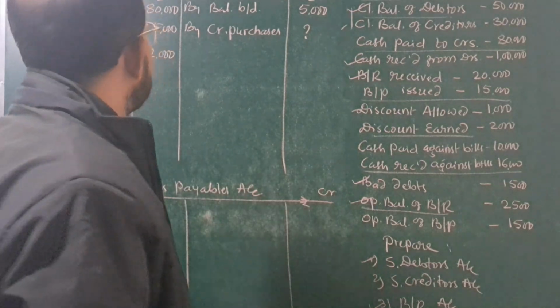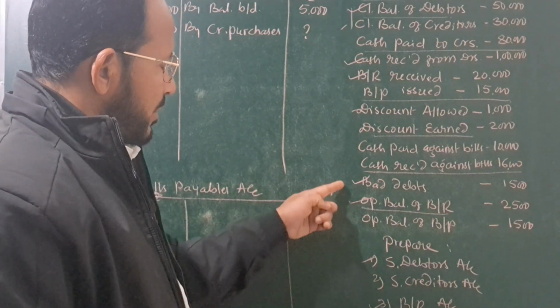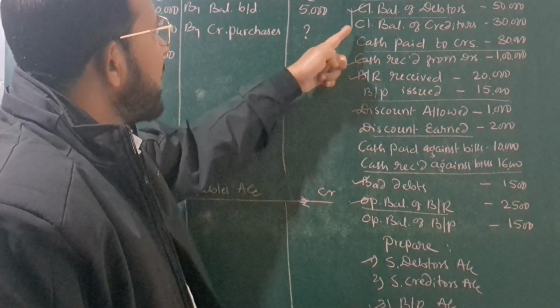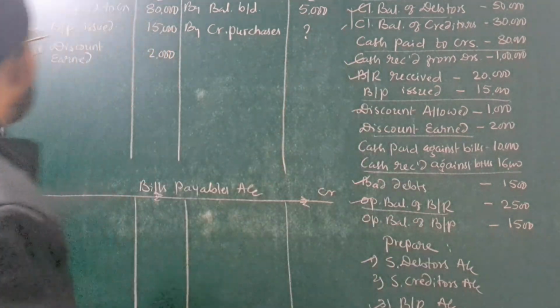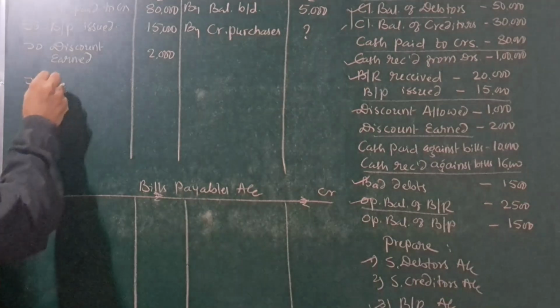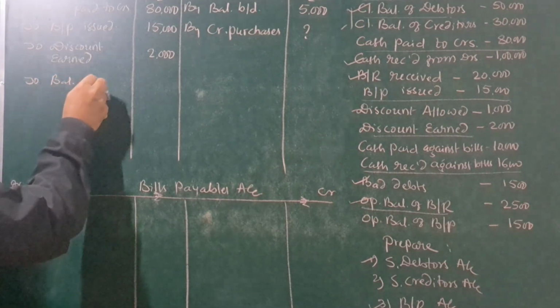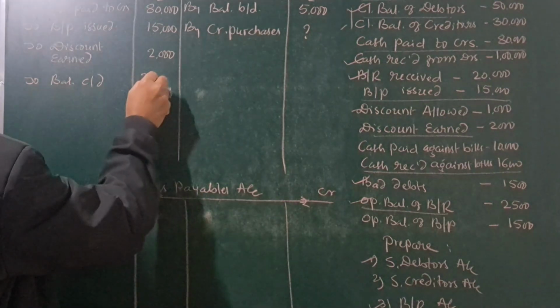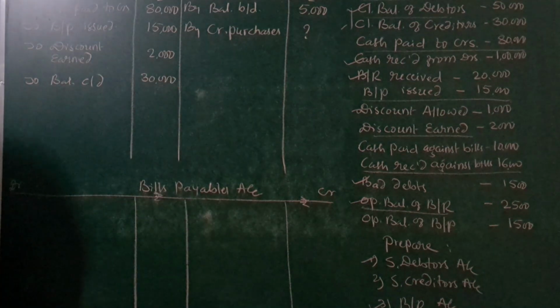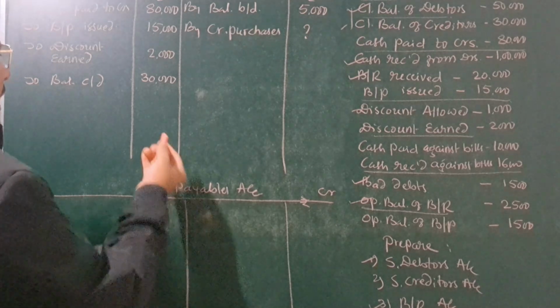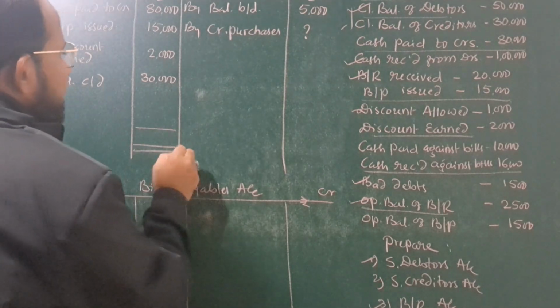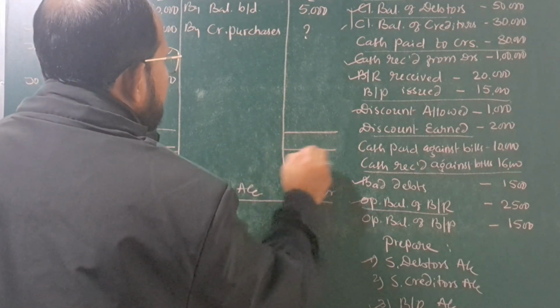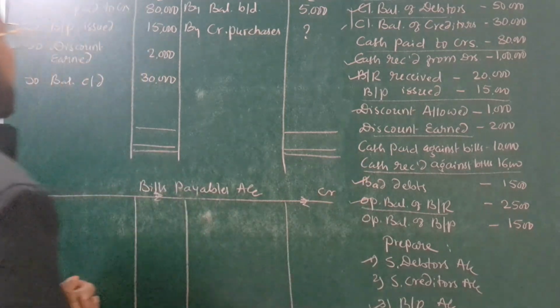Next one is, what else? Closing balance of creditors is given, that we have to show here. To balance carried on, creditors closing balance, rupees 30,000 given. Then nothing else. These are the entries in the sundry creditors account.